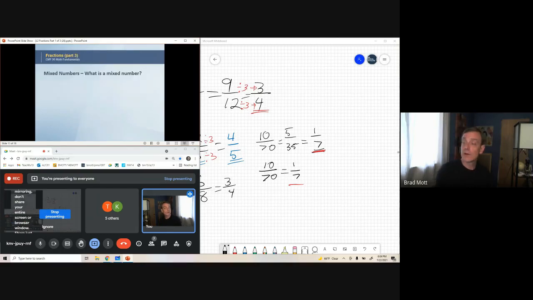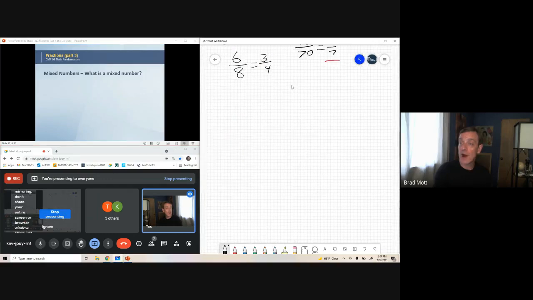So we've learned about proper fractions, improper fractions, and the last type of number we're going to look at is a mixed number. And a mixed number is exactly that, a mixture of a whole number and a proper fraction.